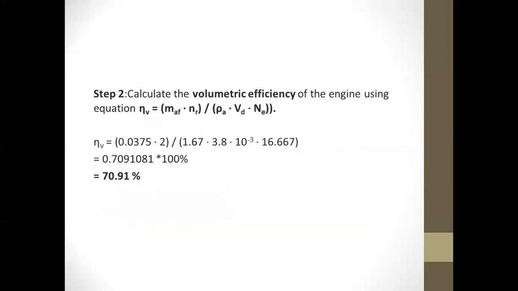Step 2. Calculate the volumetric efficiency of the engine using the equation eta V is equal to mass times speed divided by density times volume times speed. Eta V is equal to 0.0375 multiplied by 2 divided by 1.67 times 3.8 times 10 raised to the negative 3 times 16.667, is equal to 0.7991081.